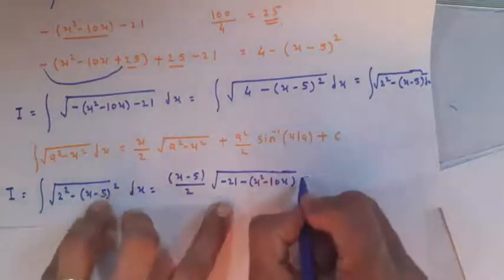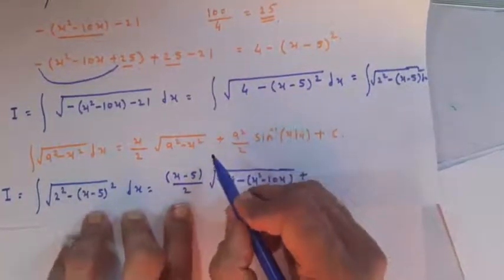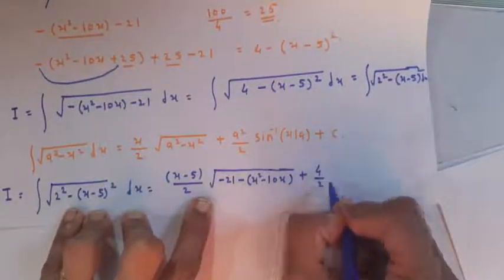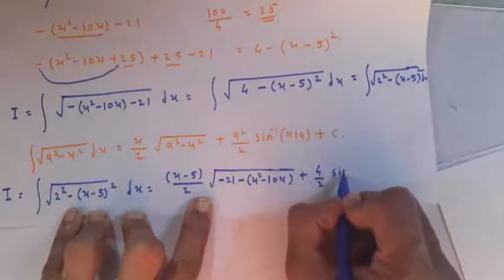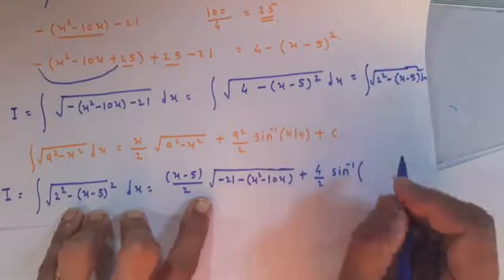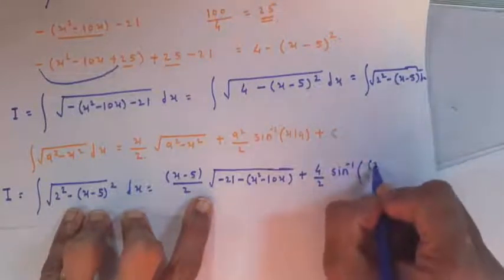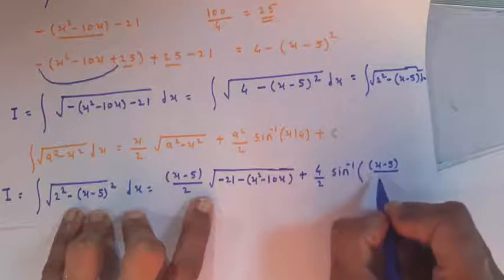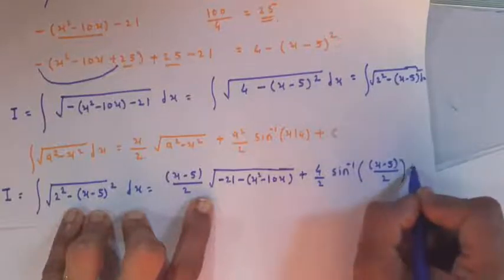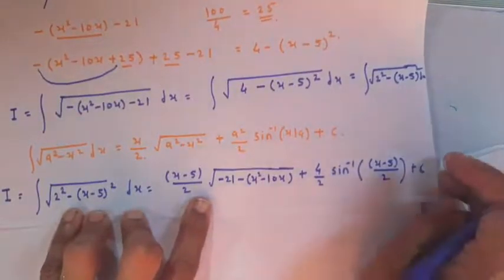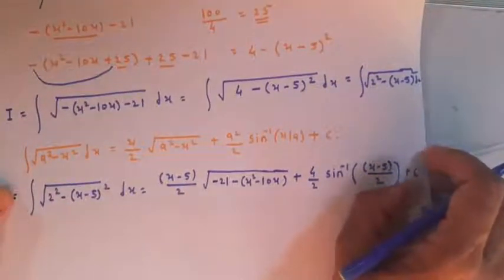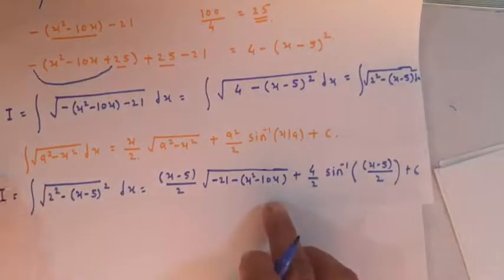Okay, and plus a square by 2, a square is 4, by 2 sine inverse of x by a, means (x minus 5) upon a, which is 2, plus constant of integration c, and this is your answer. Okay, in this way we can solve the integration.